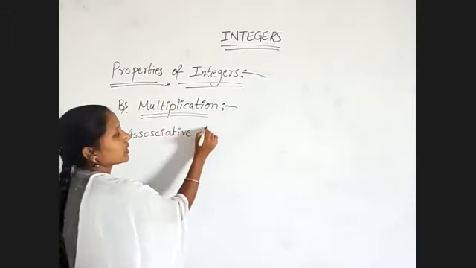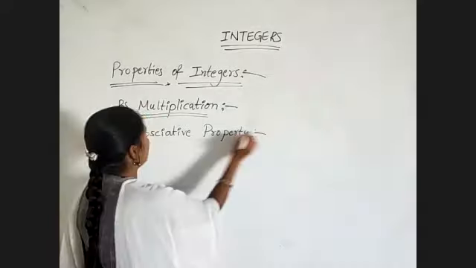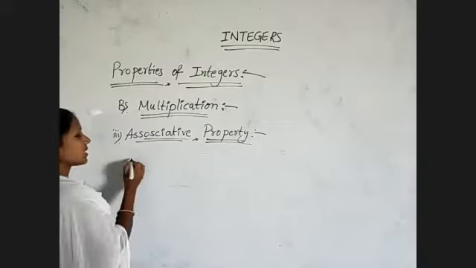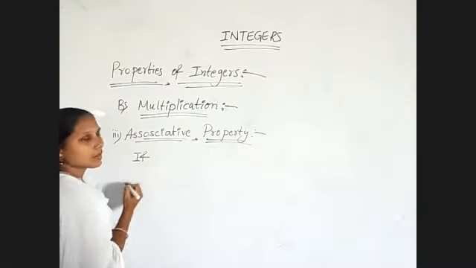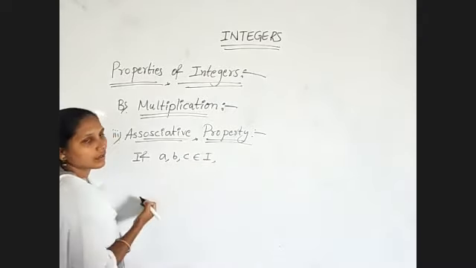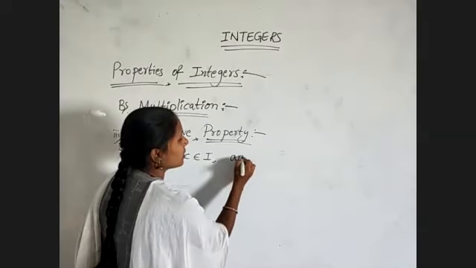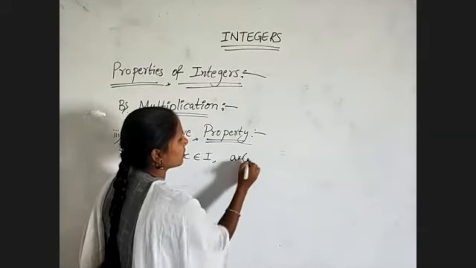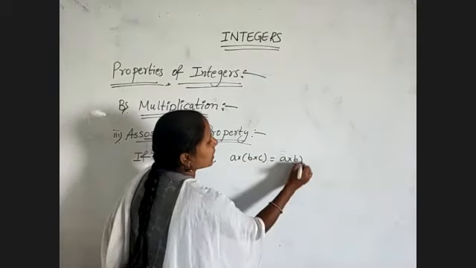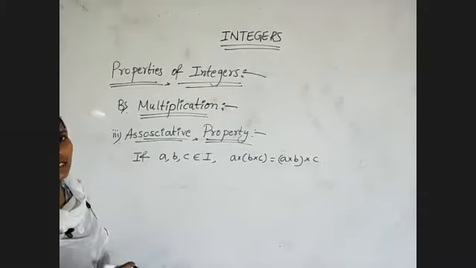Associative property states that if three numbers belong to integers and we are performing the operation by changing their grouping, the result will not change.